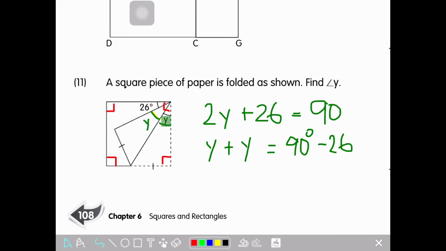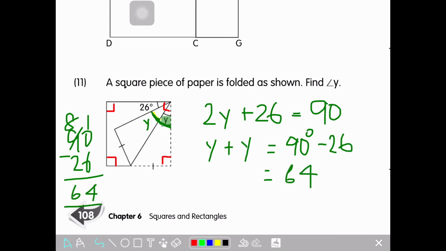So this 2 angle y is 90 minus 26, which is 64 degrees.